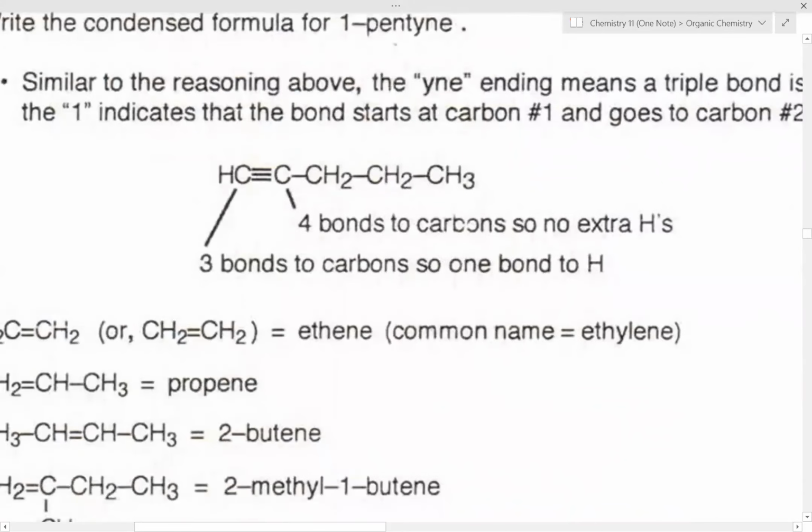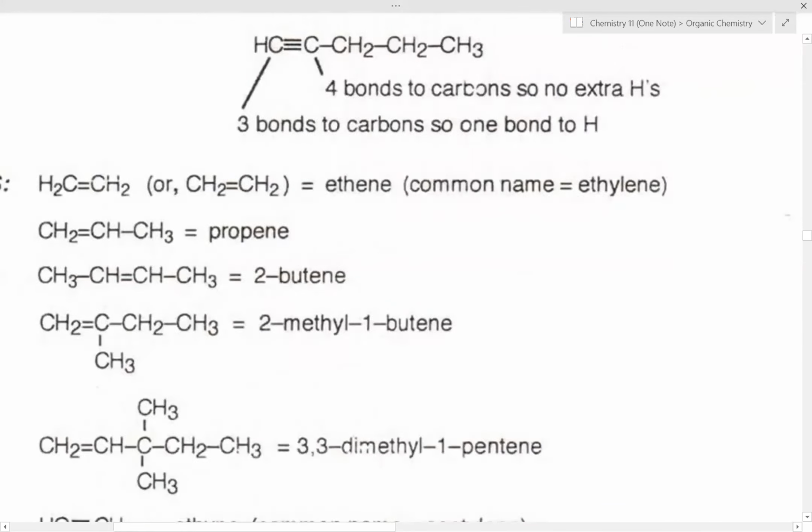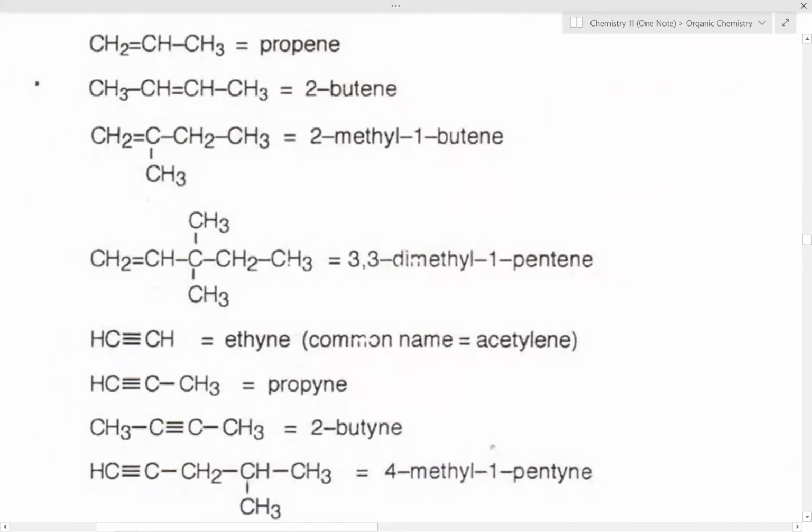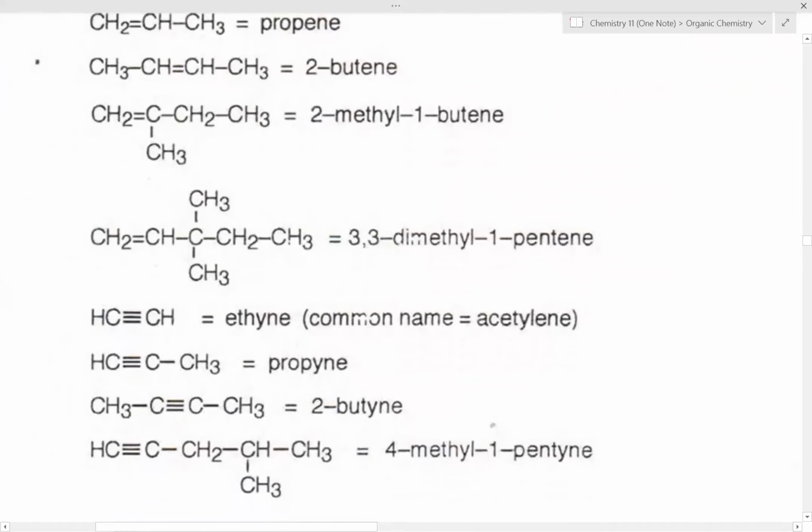Now, in this case, if you take a look, they give you some examples of how the formula looks. Let's say for this one down here, 4-methyl-1-pentyne. Why is it 4-methyl? It's because they started here, 1, 2, 3, 4, 5.